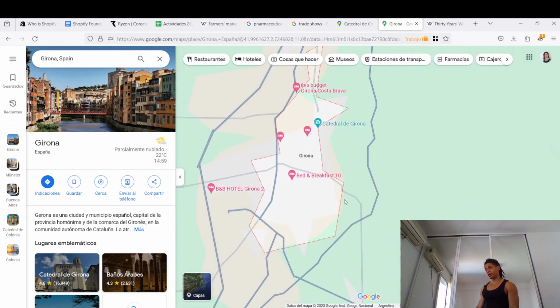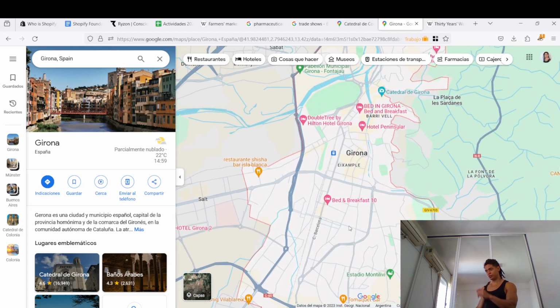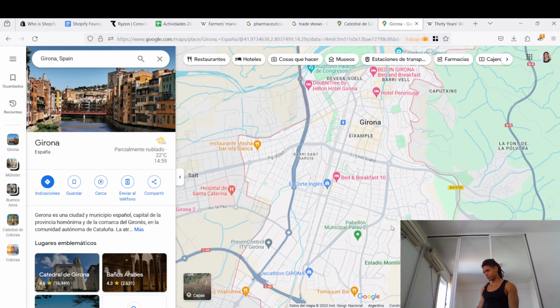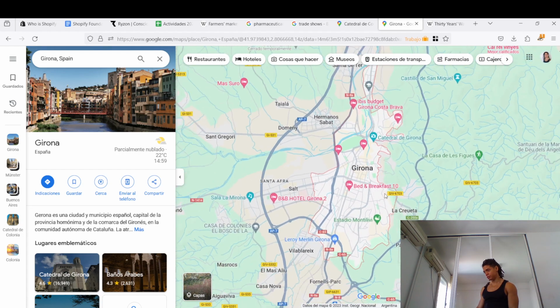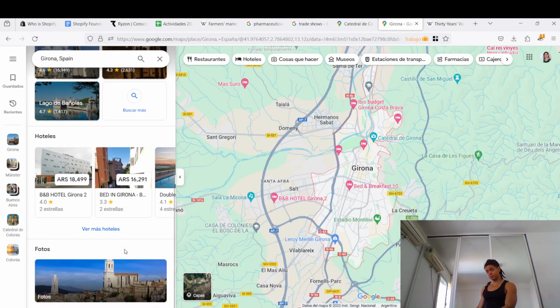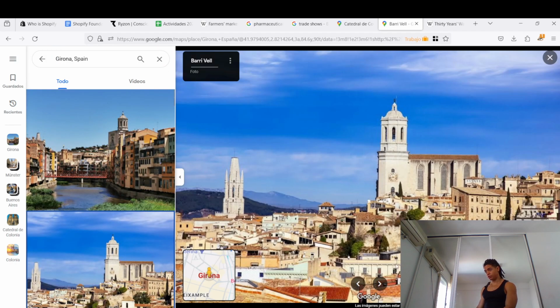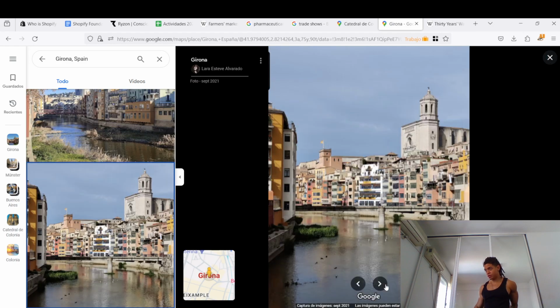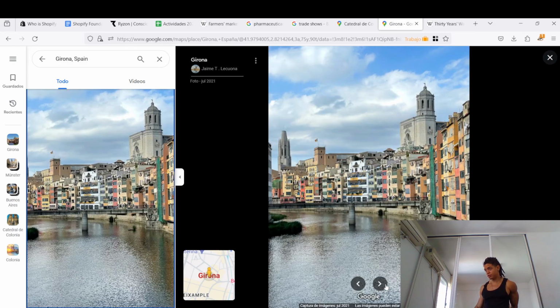So anyways, Girona here is not that big, by the way. Girona, in fact, is small. So yeah, this is Girona. Okay, it's lovely.